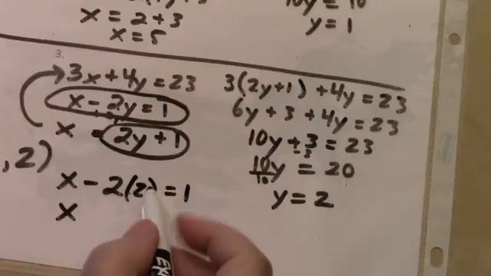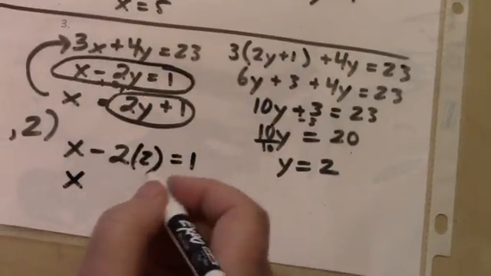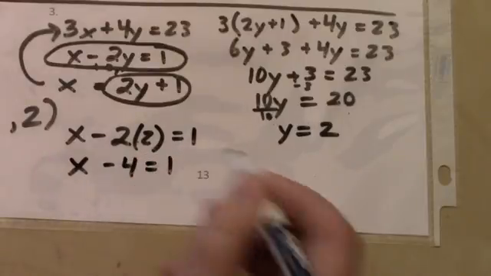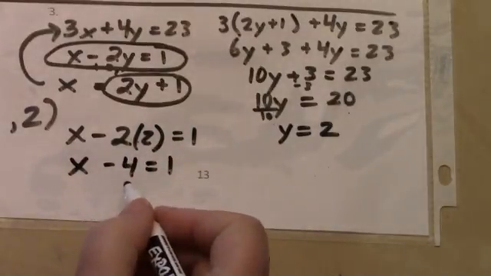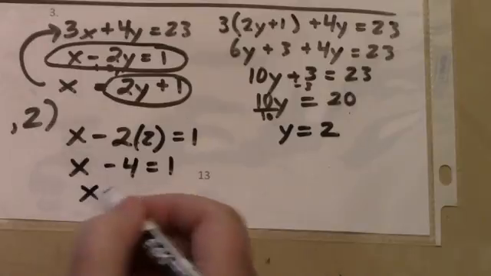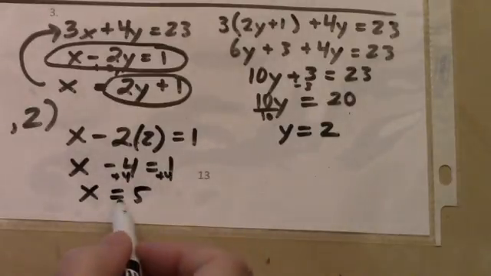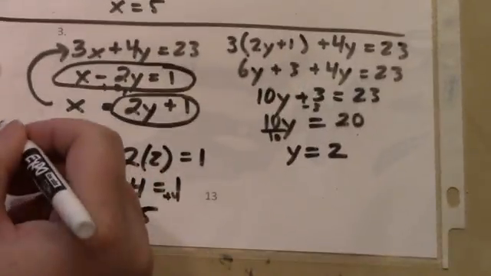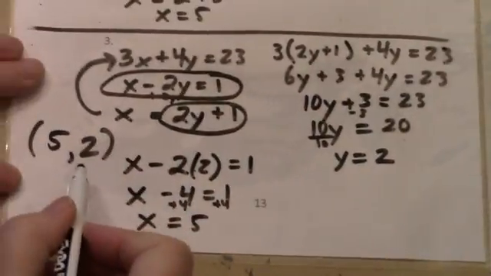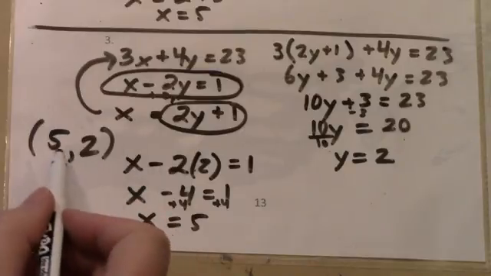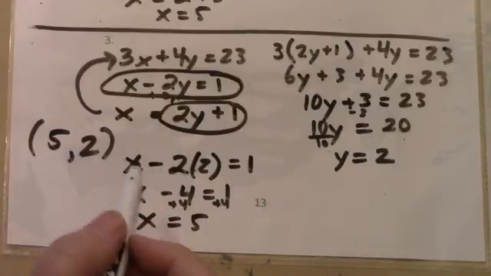Negative 2 times 2 is a negative 4, equals 1. I'm going to add 4 to both sides. I now know that x is 5, and this coordinate is going to be 5, 2. So if I graph these two lines, they're going to intersect at 5, 2.